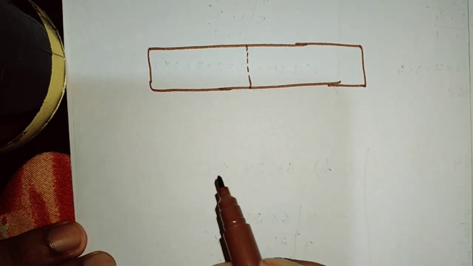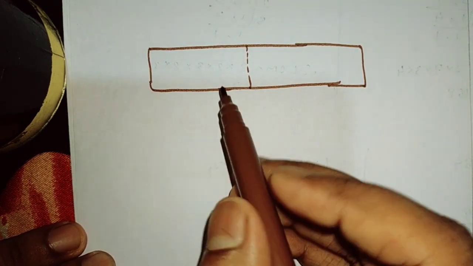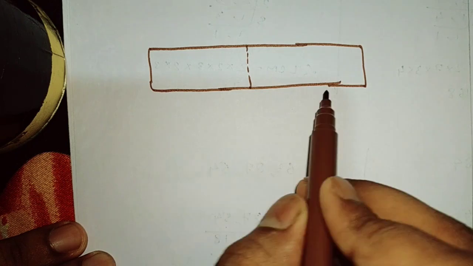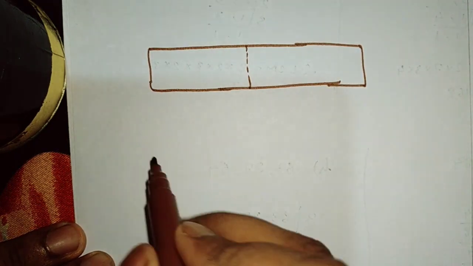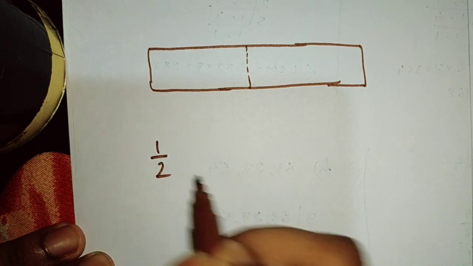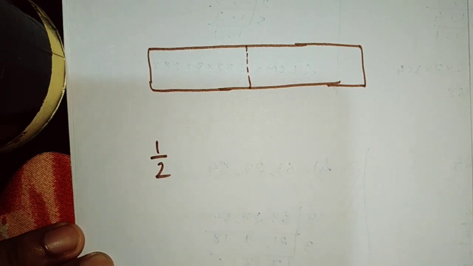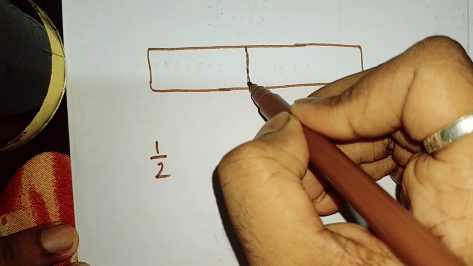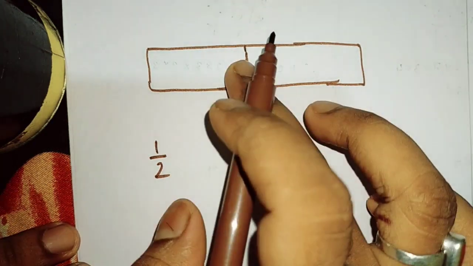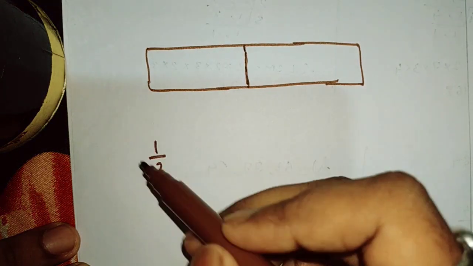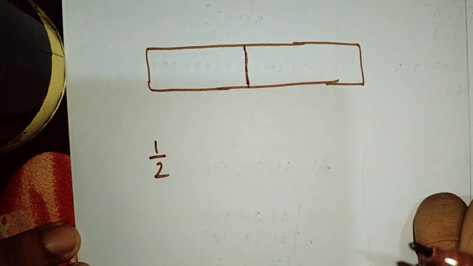You just tell me. The fraction would be clear: out of the 2 parts I have taken 1 part. Okay, so the fraction will be 1 by 2. Out of these 2 parts we have eaten 1 part, and the fraction will be half.